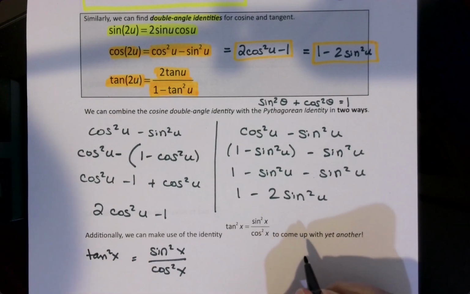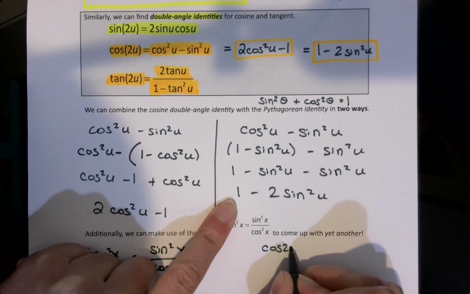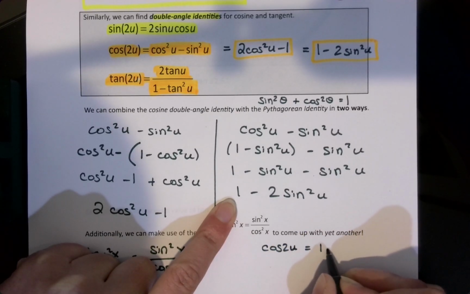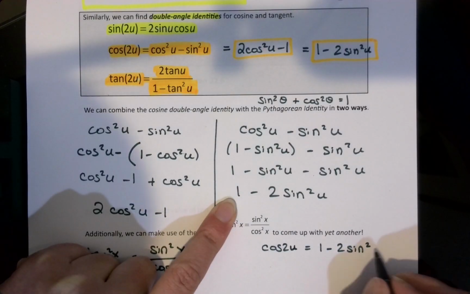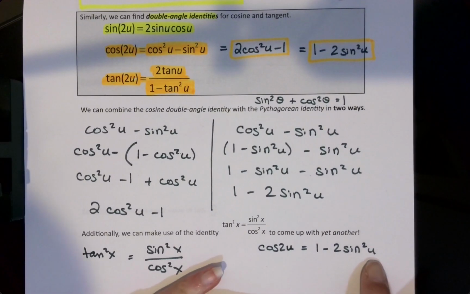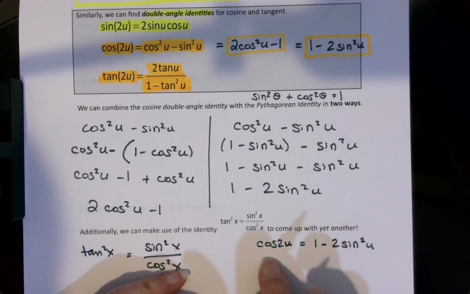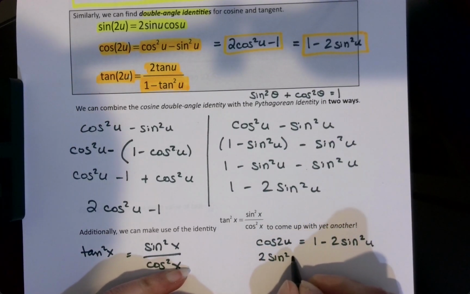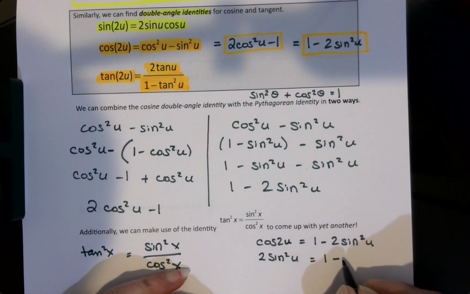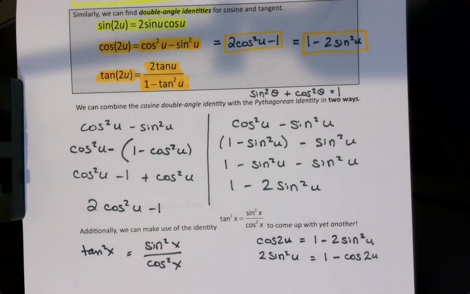So for sine squared x, we know over here, cosine of 2u equals 1 minus 2 sine squared of u. So let's solve for that sine squared of u. To make it positive, let's just add it to the other side and subtract this over. So 2 sine squared of u would equal 1 minus cosine of 2u.